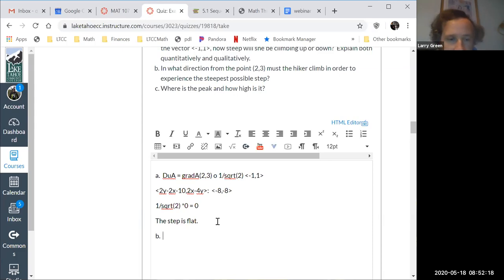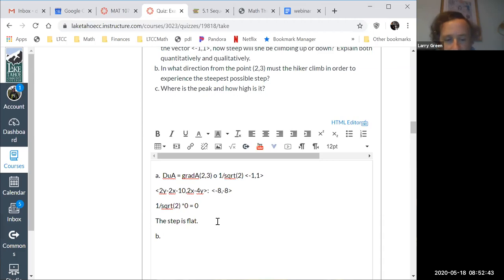Okay, B. In what direction from the point 2, 3 must the hiker climb in order to experience the steepest possible step? So we had a theorem. In what direction will make it the steepest? In one word? For any differentiable function.